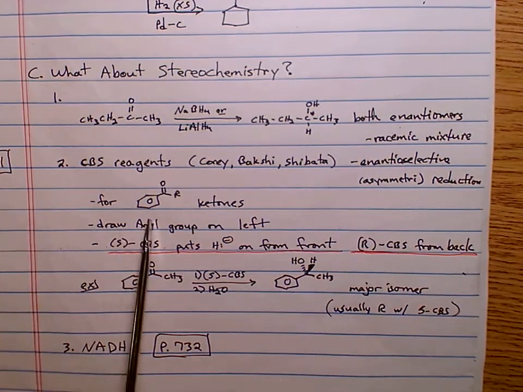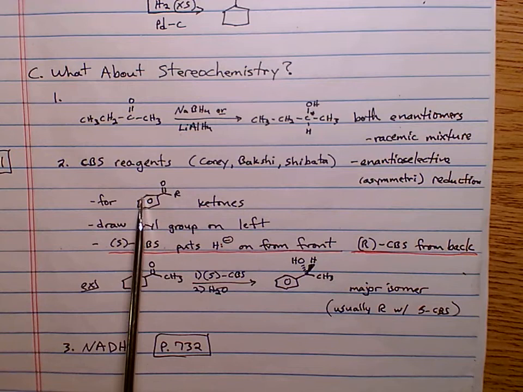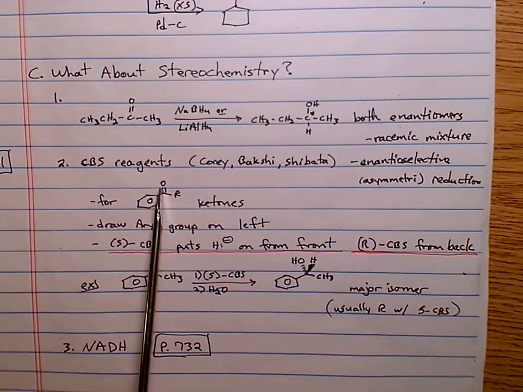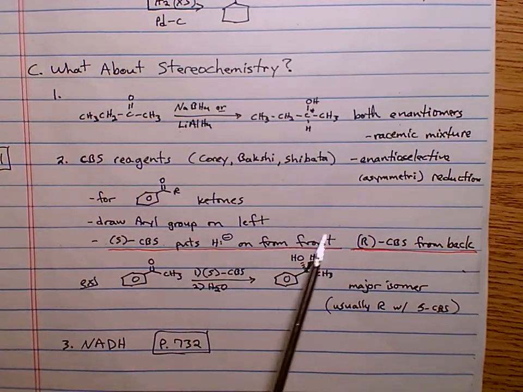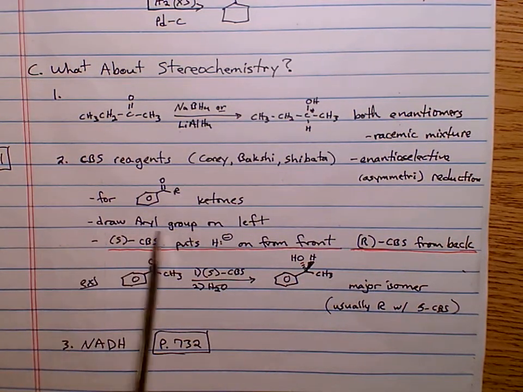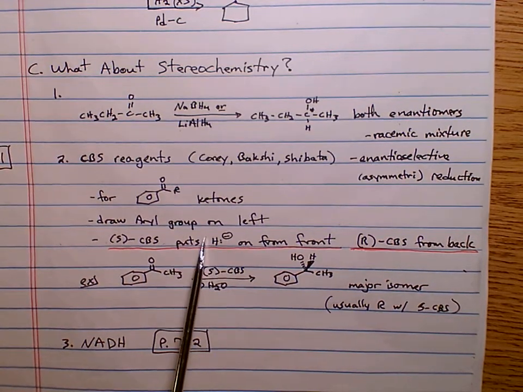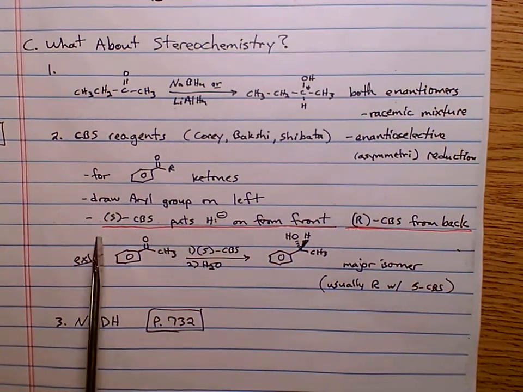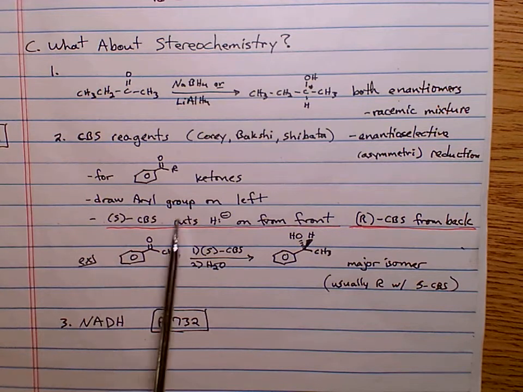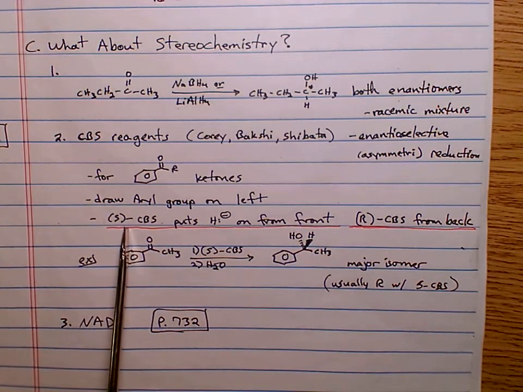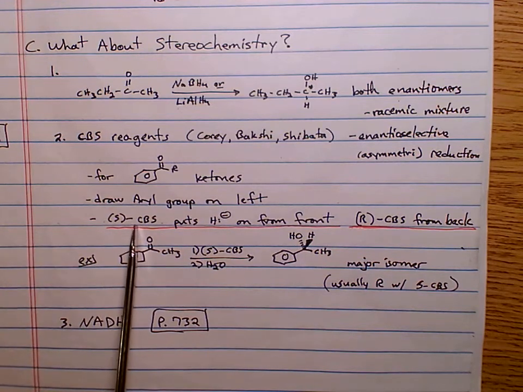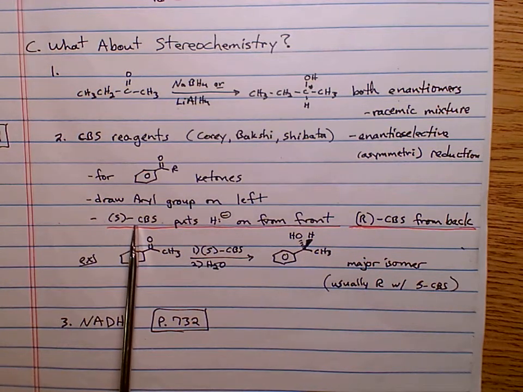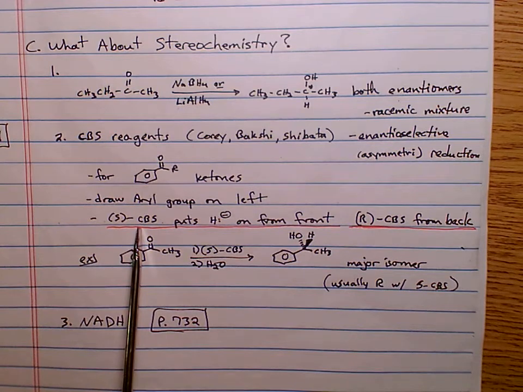And what they found is if they deal with these ketones, where you've got a benzene ring, a phenyl ring, carbonyl, and a ketone here, and I'm not going to have big questions about CBS reagents on the exam. It's just something to know that if you start with the S CBS reagent, which is a chiral molecule, so what they've done to get around it is they're using chiral catalysts.